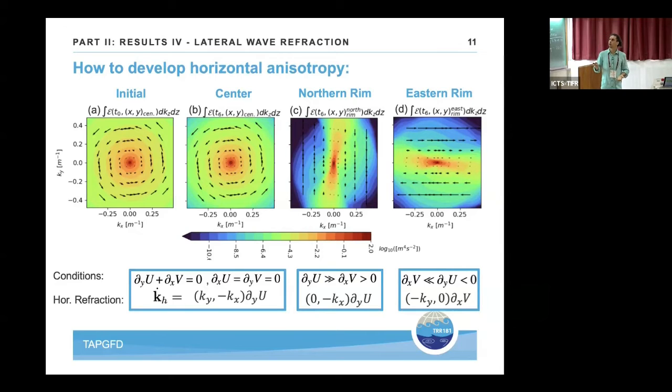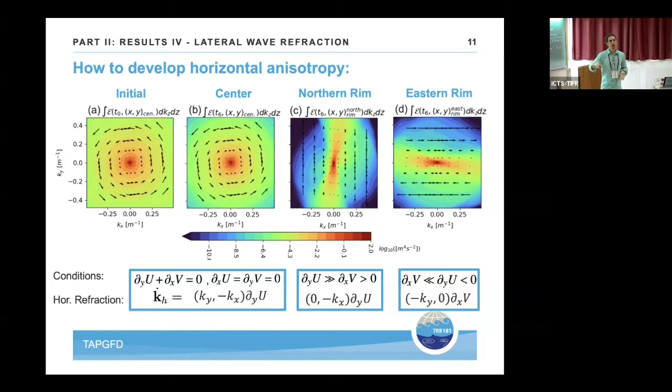However, if we go to the northern rim, then the horizontal refraction looks like this. And so the initial circle is refracted towards an ellipse that is oriented in the north-south axis, pointing towards the center of the eddy. The same happens at the eastern rim, just pointing from the west to east towards the center of the eddy. And so we see that here, this kind of ellipse is slightly tilted from the main axis.